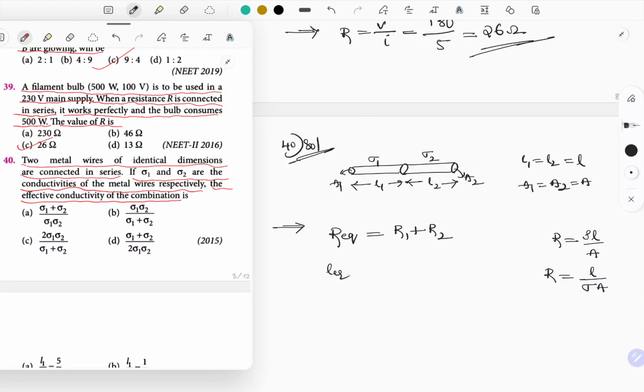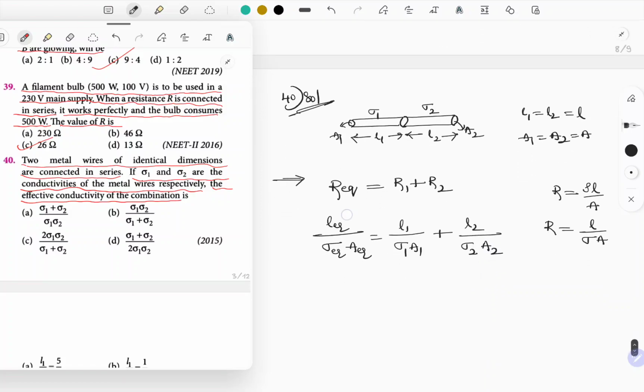So L equivalent divided by sigma equivalent into A equivalent is equal to L1 by sigma 1 into A1 plus L2 by sigma 2 into A2. So L equivalent can be replaced as 2L.